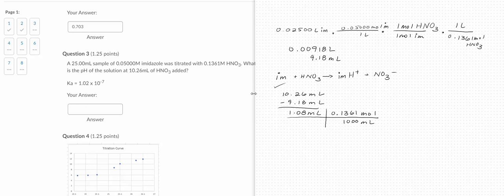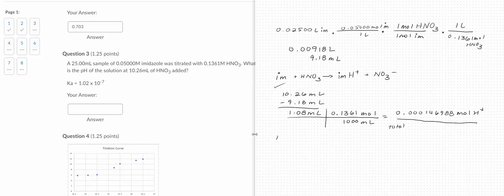There are 1,000 milliliters in a liter, so 1.08 times 0.1361 divided by 1,000. Then I have an excess of 0.123146988.